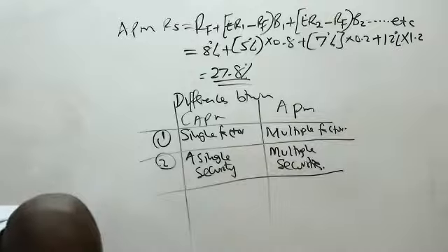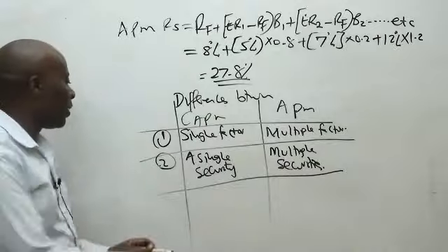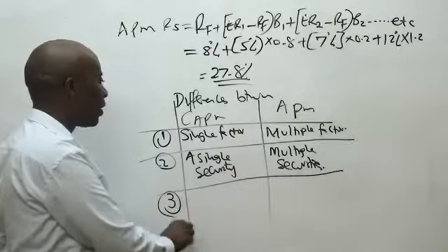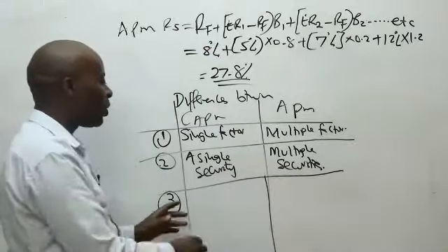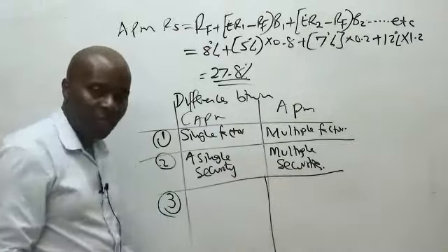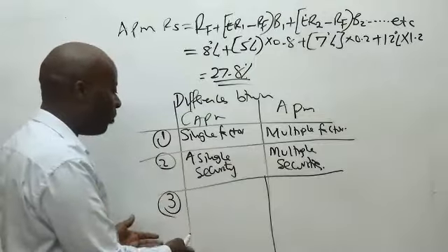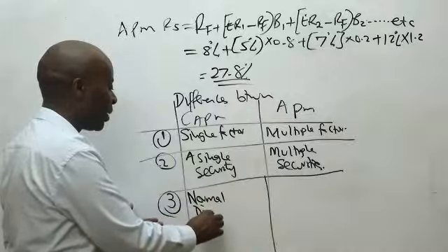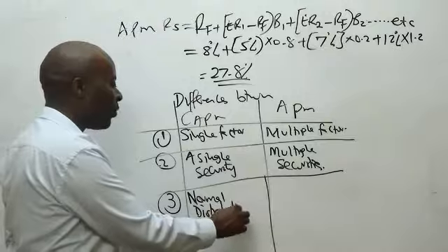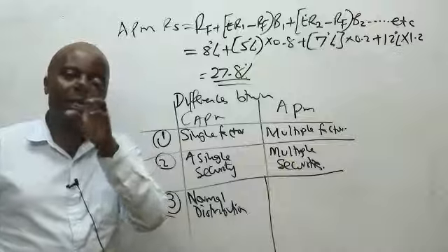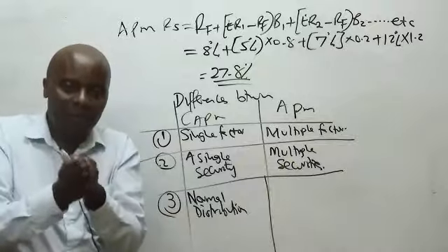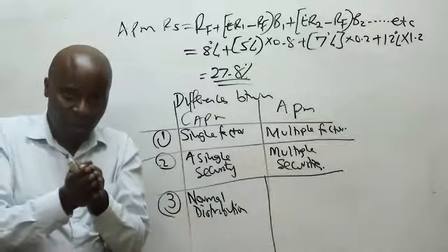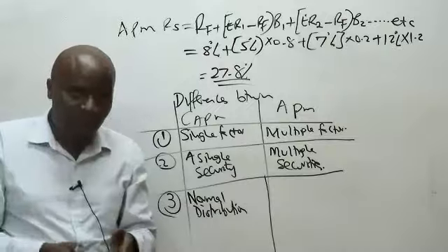From Emma, CAPM assumes normality, while APM does not assume normality. Very good. Who taught you these things? Number 3, ladies and gentlemen, CAPM assumes a normal distribution. It can only work if, for example, the share prices being given are clustered around some expectation, so that we have a peak.